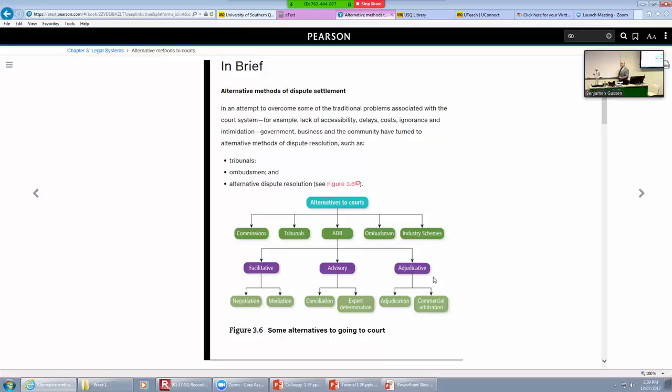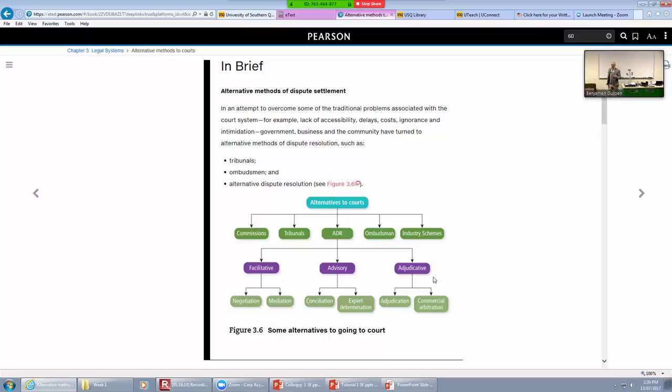And then you would have something that starts to resemble more and more the judge in a court. So it has more structure and it has more rules. And that's what we call the adjudicative approach, either through adjudication or what we call commercial arbitration.